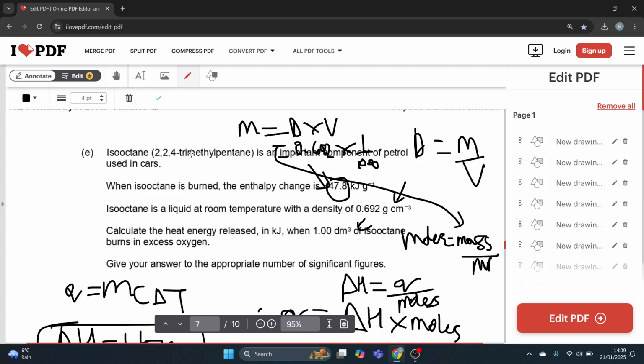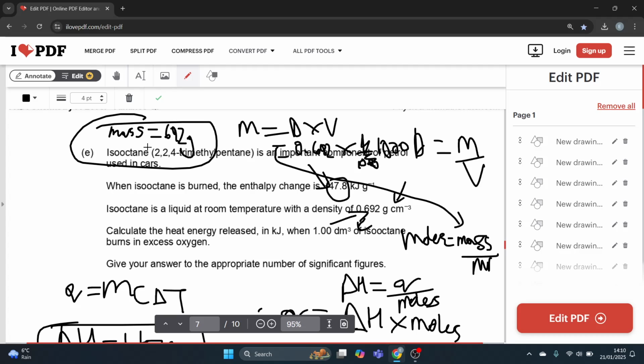So it's going to be 0.692 times by, oh no, I'm not doing 1 divided by 1000, because if I want this in centimeters cubed, I'm not dividing by 1000, I'm going to times by 1000. So I get the mass equals 692 grams. And I want the heat energy released.